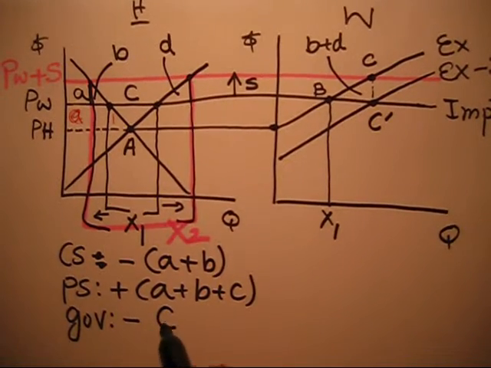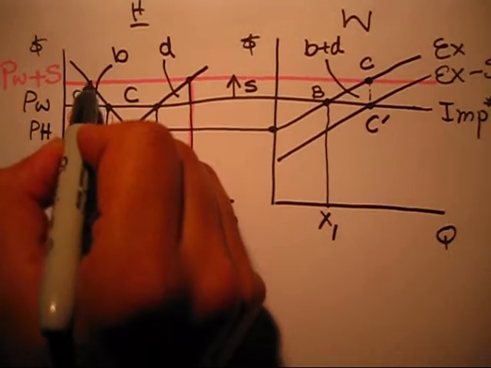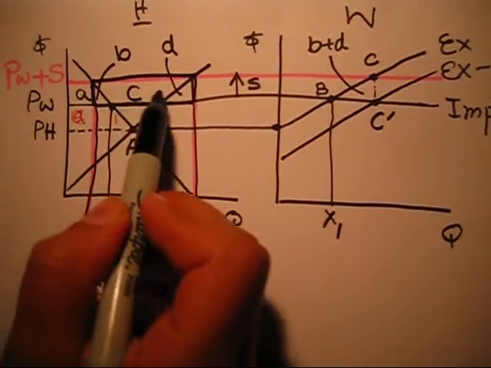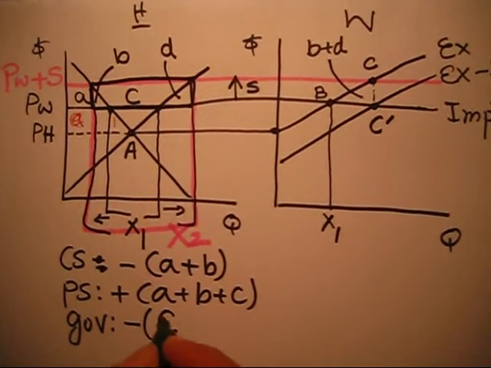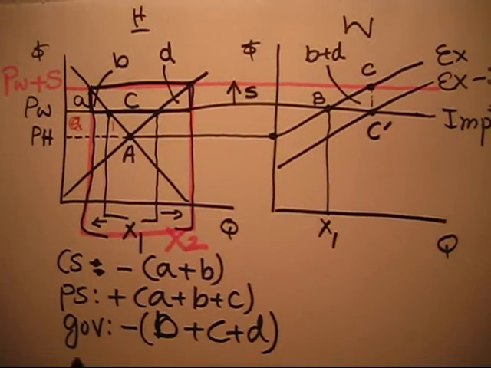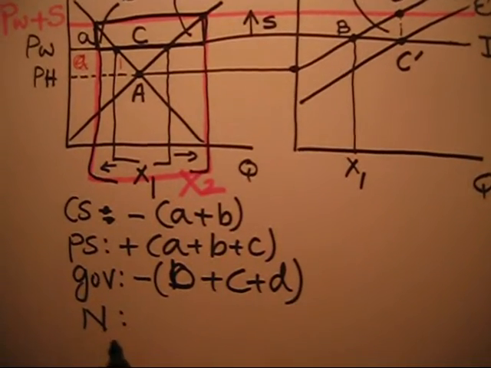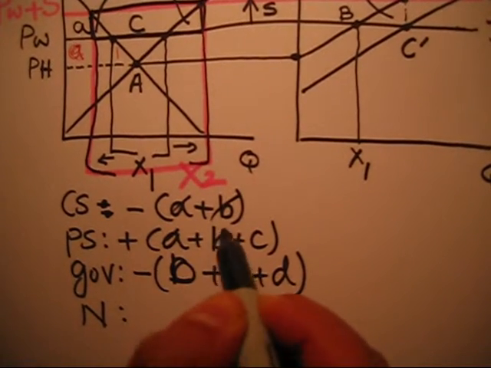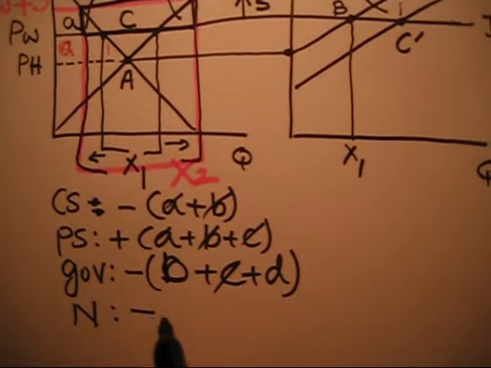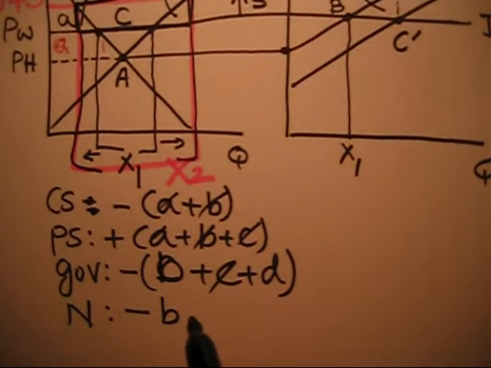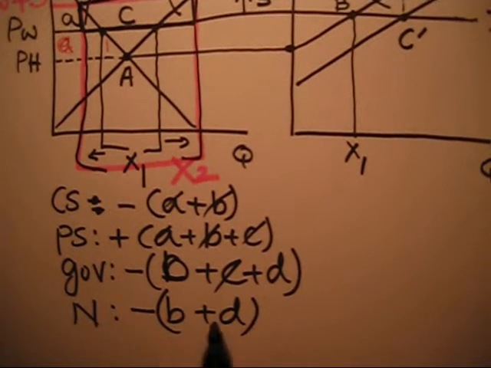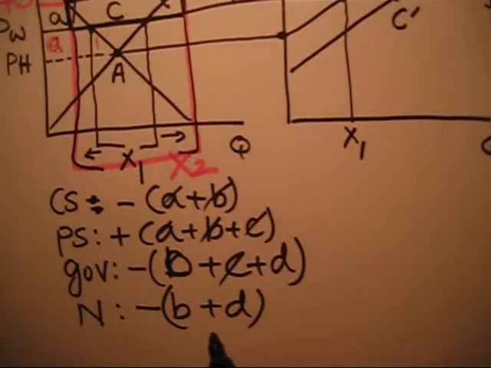So export subsidy costs the government this whole big triangle. You see it includes B, C, D. So it's going to be minus B, C, D. If you cancel the positive and negative signs, A cancels A, B cancels B, and C cancels C. You're left with a deadweight loss for the home country of B plus D. This is what the home country actually loses as a result of export subsidy.